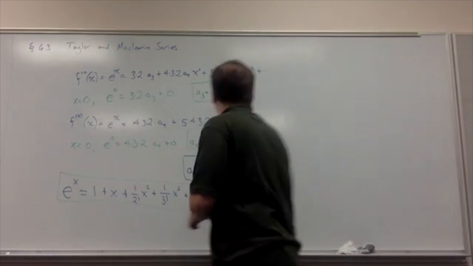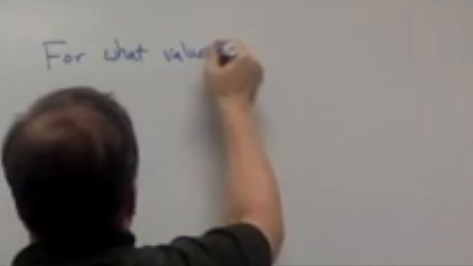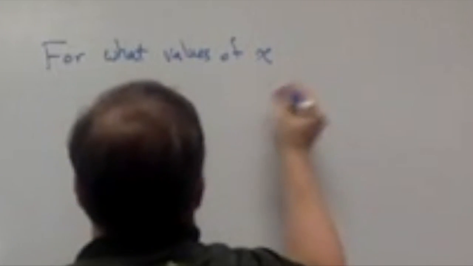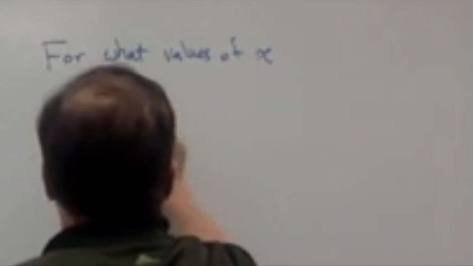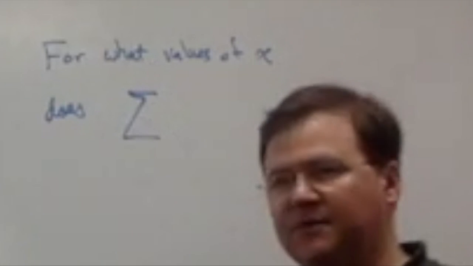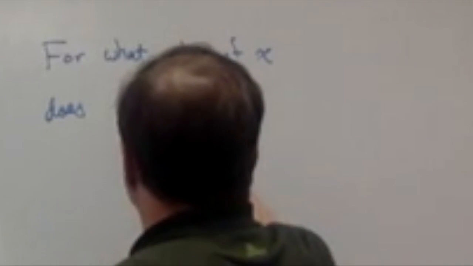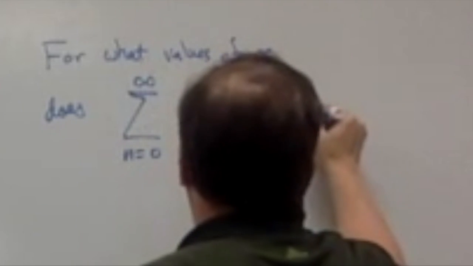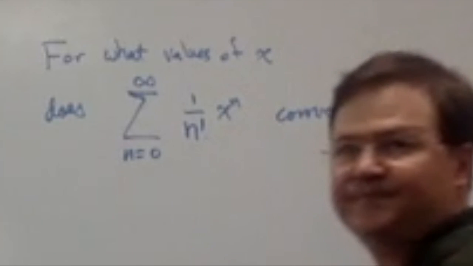For what values of x does the sum, and I'll write down the same thing in sigma notation, sigma 1 over n factorial x to the n from 0 to infinity, converge?